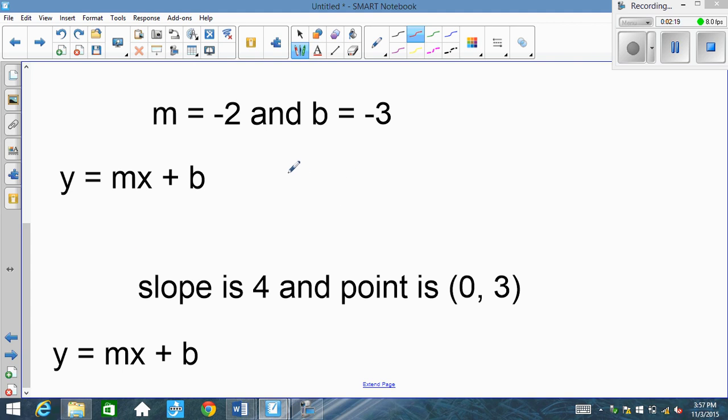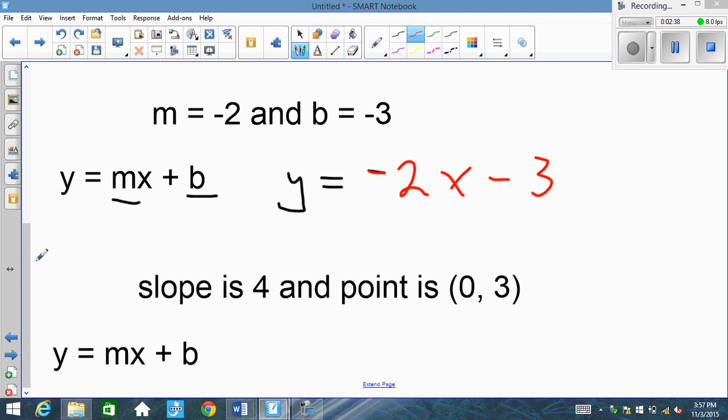So again, we would just say y equals -2x plus 3. Again, you just replace the b and the m with what numbers they are.